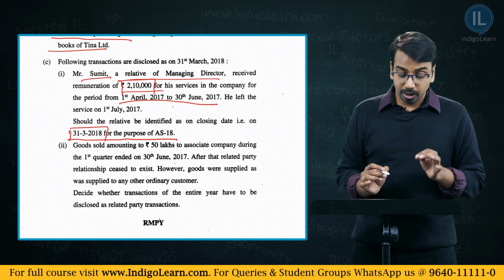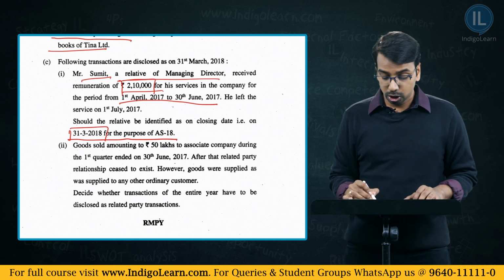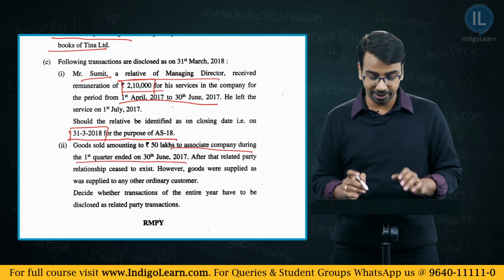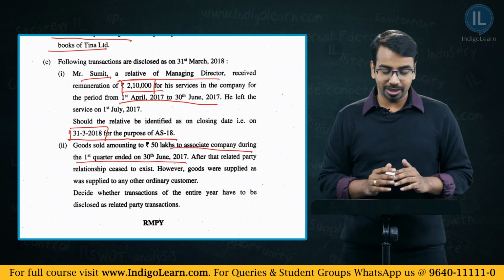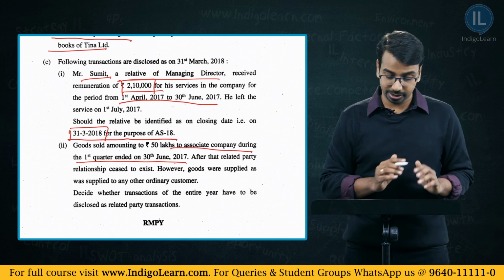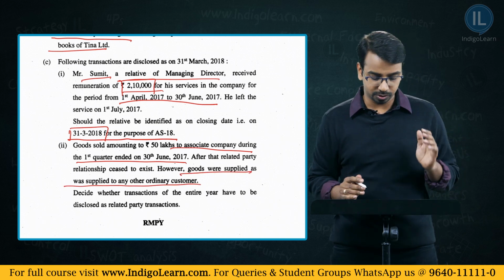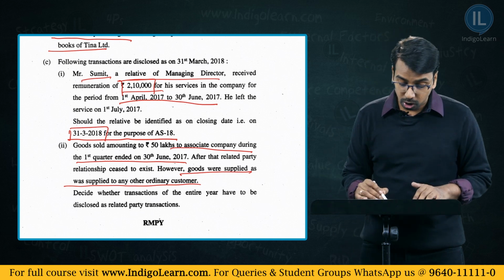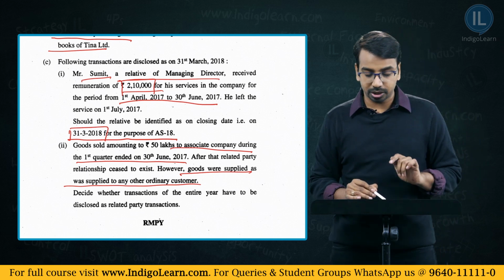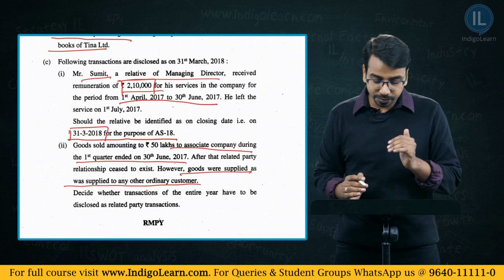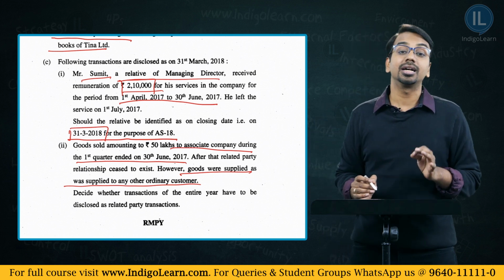Come to the next part. Goods sold amounting to 50 lakhs to an associate company during the first quarter ended 30th June 2017. After that, the related party relationship ceased to exist. However, goods were supplied as was supplied to any other ordinary customer. So, what does it talk about? It talks about goods sold during the first quarter. After that, the relationship ceased to exist, and goods were supplied as to any other customer.